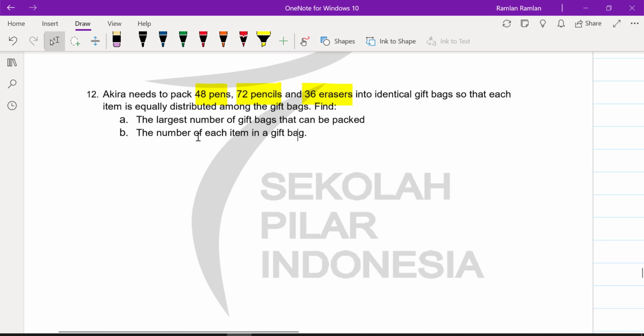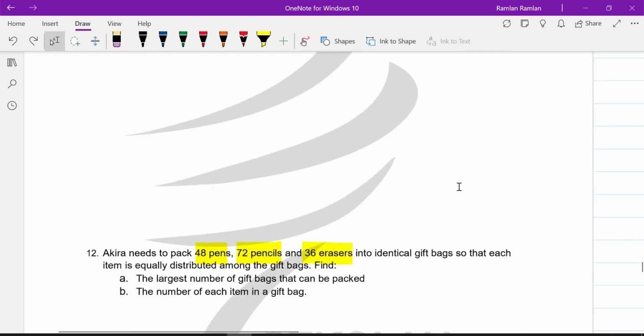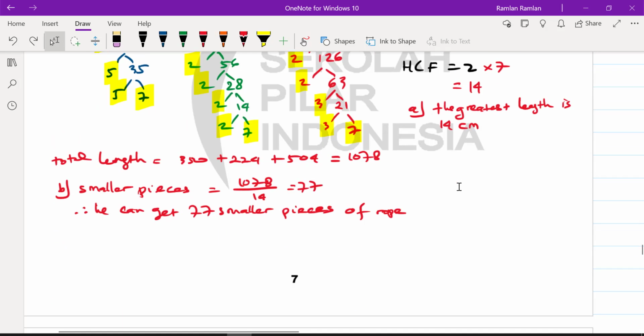And for the number of each item, for example, if the highest common factor is 8, then just divide this by 8, divide this by 8, divide this by 8. That's just an example, but you need to find the actual value. So number 11 and number 12 have the same concept as number 9 and number 10.